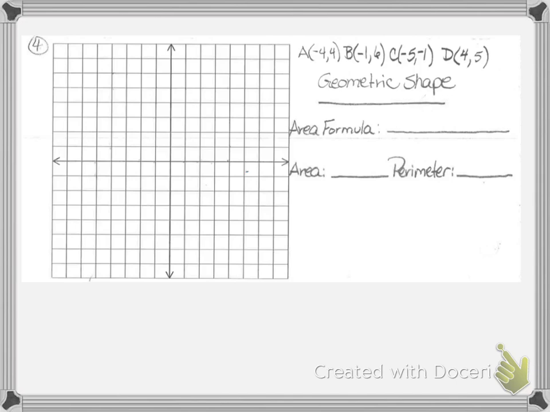So let's try this one. Let's go ahead and plot the points on this one. Negative 4, 4. It's here. Negative 1, 6. It's here. And negative 5, negative 1 is here.